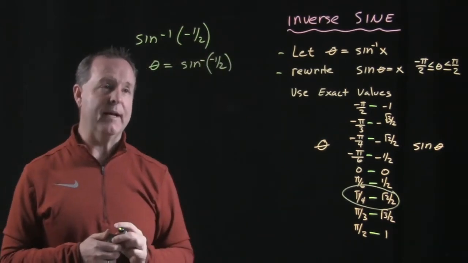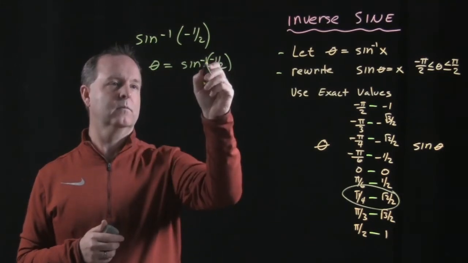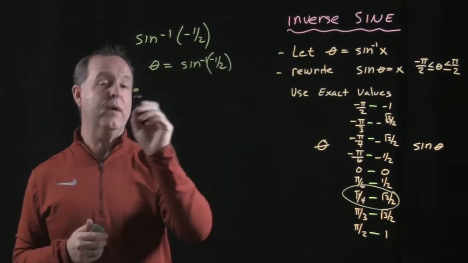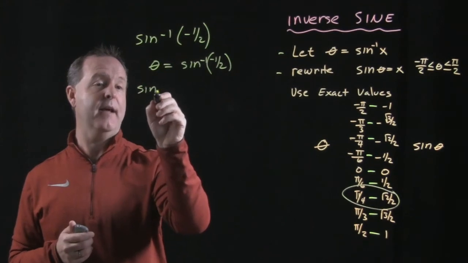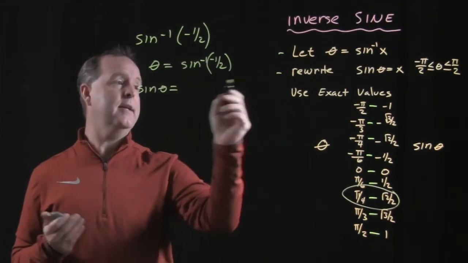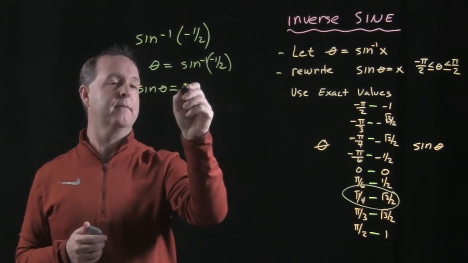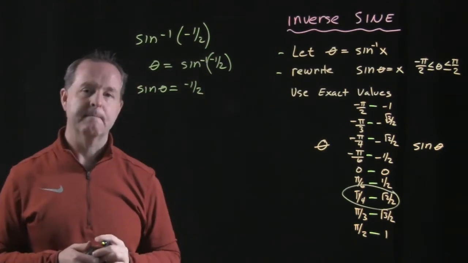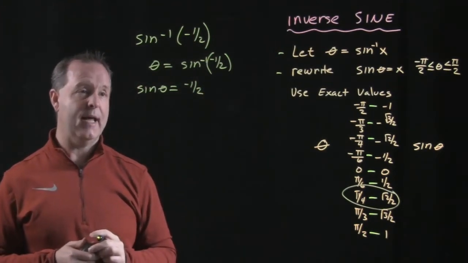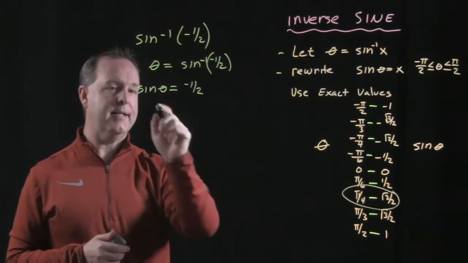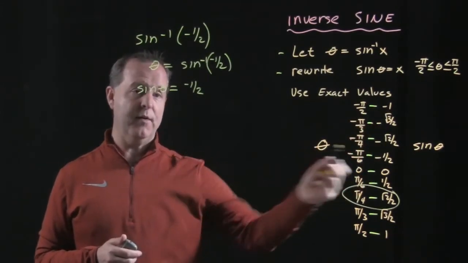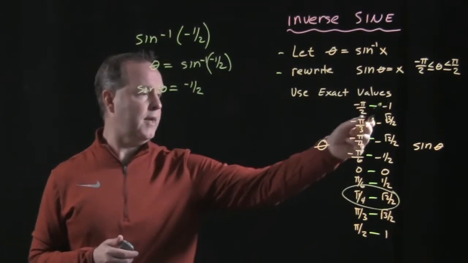So theta equals the inverse sine of -1/2. Rewrite this now as, what's the sine of theta? The sine of theta is -1/2. So what is the theta that produces that? Over here, I'm looking for the values where the sine of theta equals -1/2.